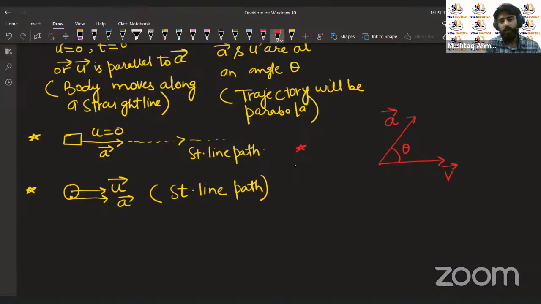Then what this acceleration is going to do is that it will change the direction as well as the magnitude of the speed of this particle, and the particle will always try to bend towards this acceleration like this, and it will be following a parabolic path. Which path? Parabolic.